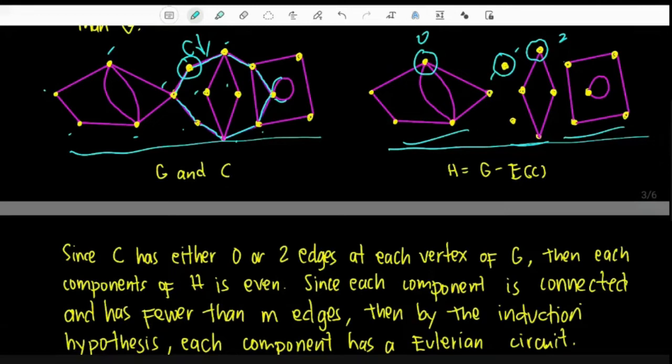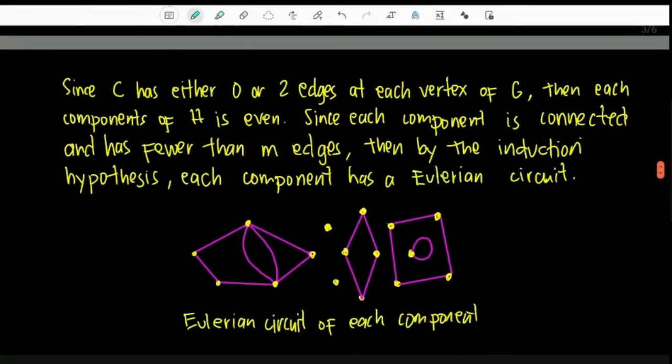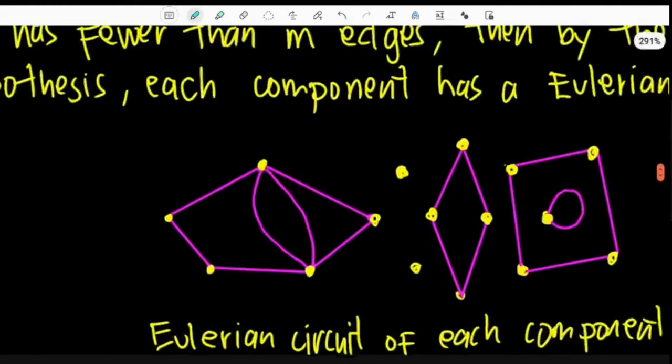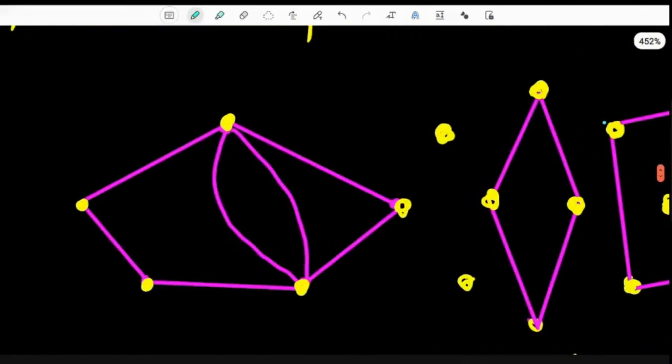Okay. So what does our induction hypothesis say? If we have an even graph with fewer than m edges, it is always Eulerian. That means for each of the components, we should be able to find an Eulerian trail. So for example, for our first component, let's make an Eulerian trail. You can choose any starting point. So let's say I start here.